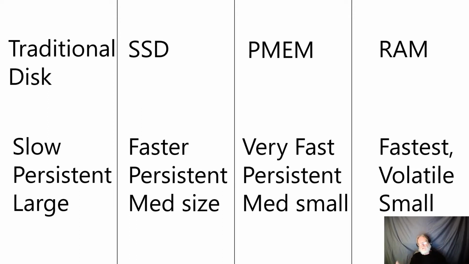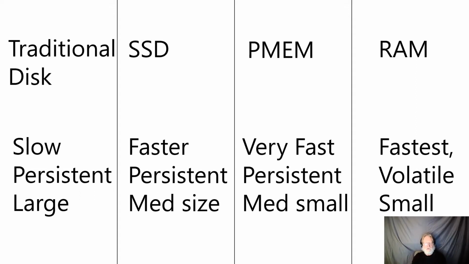So the point here is, instead of a binary world where you have disk and RAM, fast and slow, volatile, persistent, large and small, very clear-cut, this or that, and the architectures were designed around that binary model, now we're starting to have more of an array, more of a gradient of options.